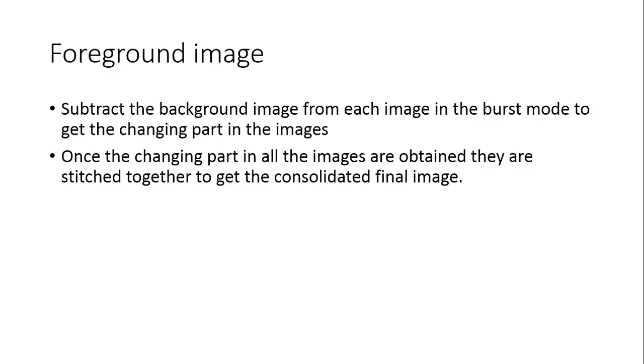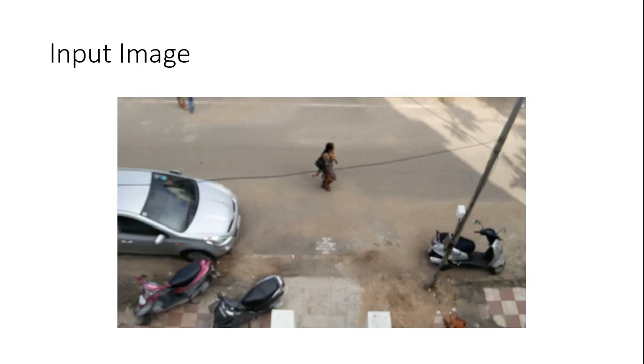So this is how the project works, and now let me show you a few examples on how the results would look like. So this is the input set of images where a woman is walking on the road.